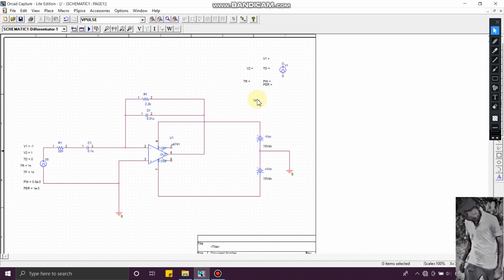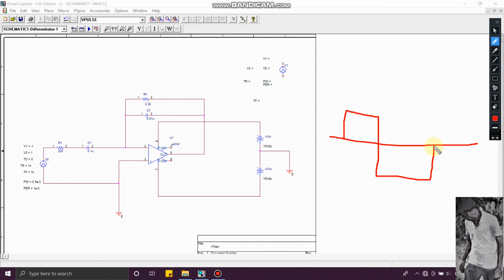In a square wave we don't have rise time and fall time, but in a triangular wave we have the rise time and fall time. You can see here my rise time is 1 nano, that is nearly 0. Instead of 0 I have given 1 nano.